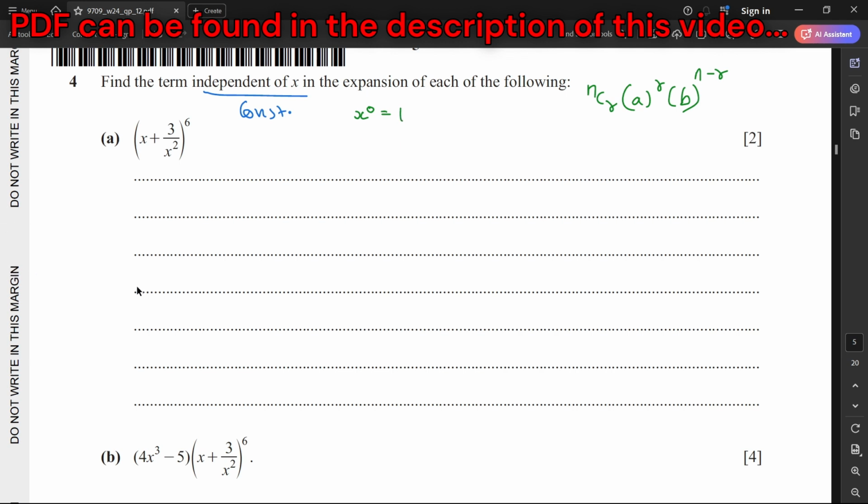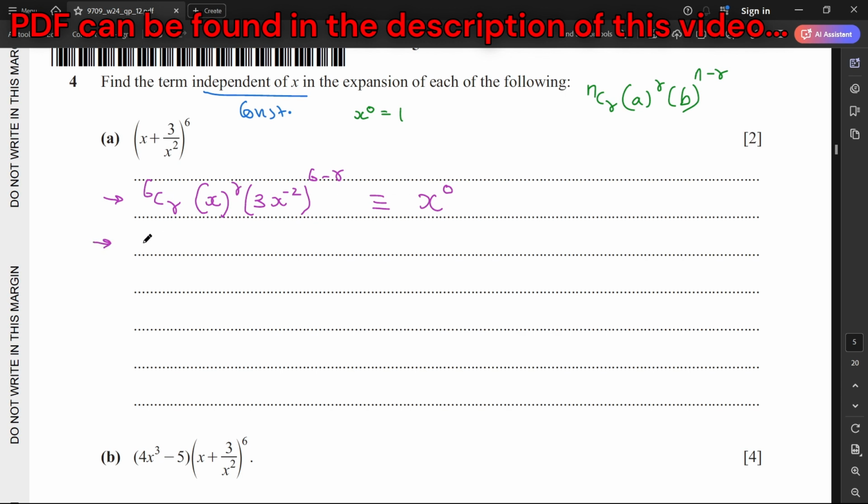So if I try to make this kind of an equation, it will be 6Cr into x to the power of r into 3 times x to the power of minus 2, all to the power of 6 minus r. And now how can I make the power of x equal to 0?